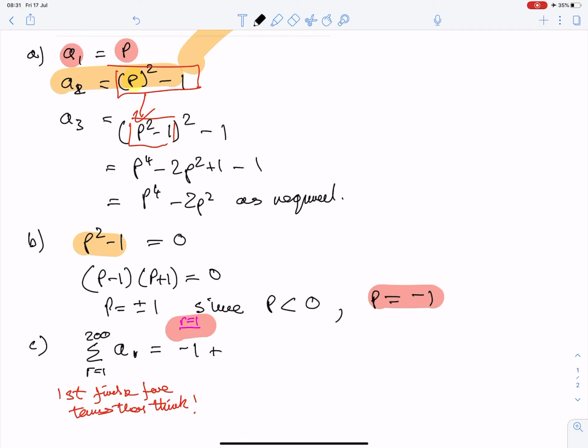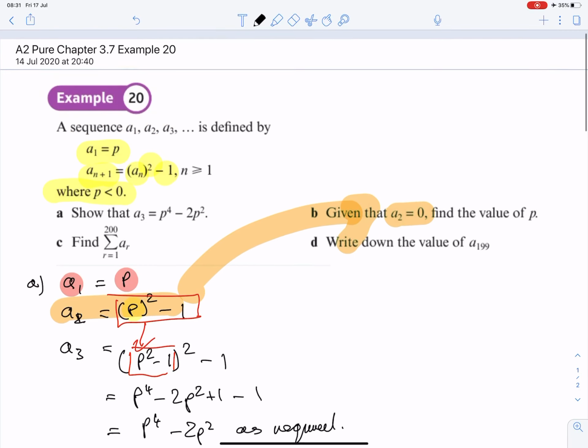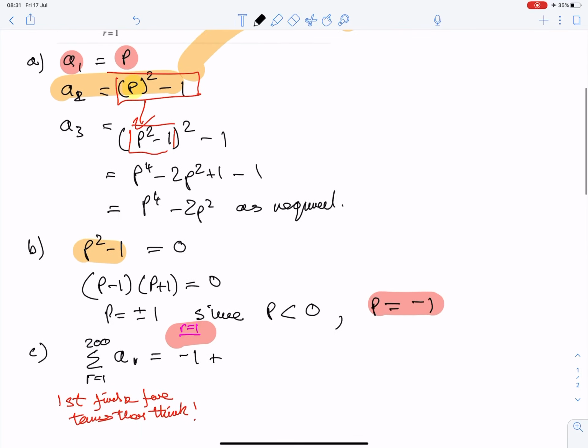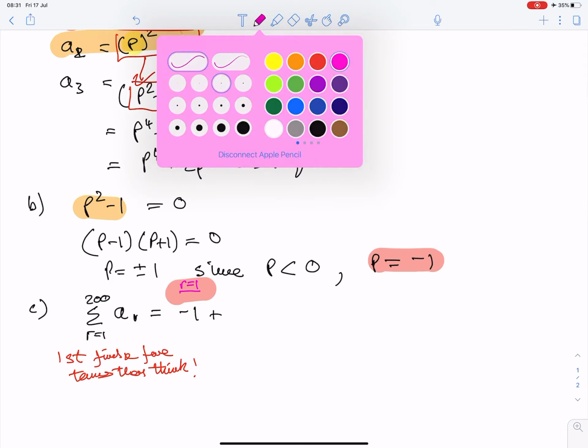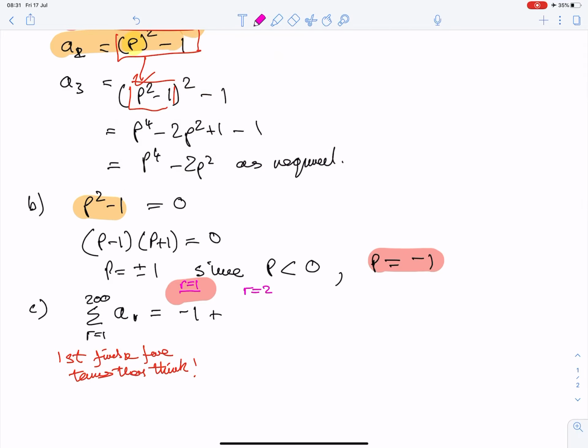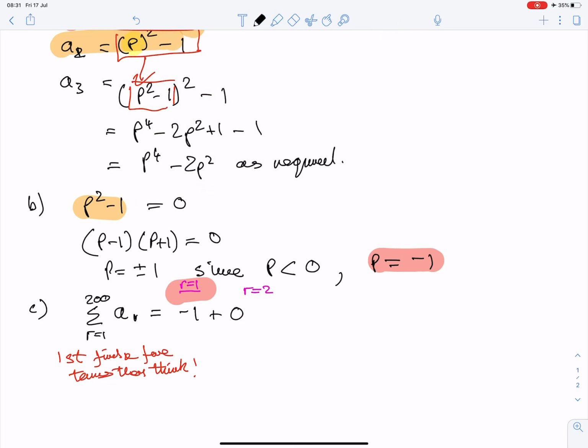Plus A2, we worked out, didn't we, given that A2 equals 0. So this is r equal to 2 here, and we get 0.